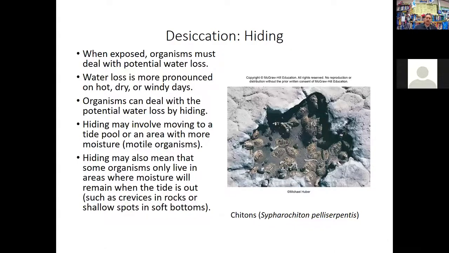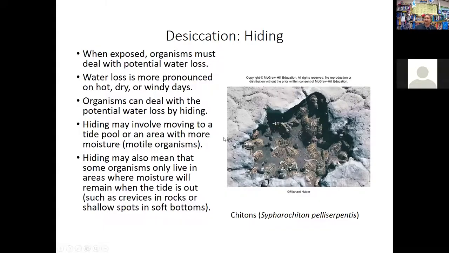Some organisms are going to go to different areas, since hiding may also mean that some organisms only live in areas where moisture will remain when the tide is out. So they seek out these areas through experience. They know that this particular spot on this rock, this particular crevice, is not going to dry out.